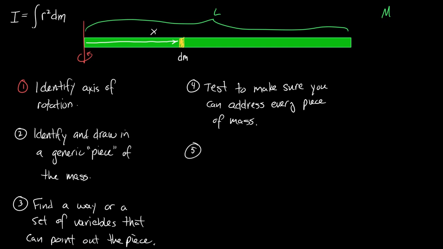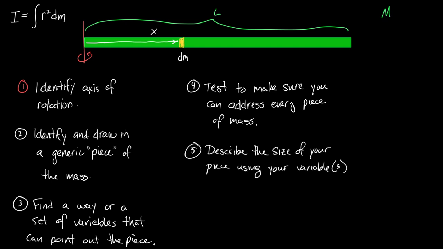Now, question 5, a little bit weird, but it's okay. Describe the size of your piece using your variables. So, for example, if I want to describe how big this piece is, well, I go out a distance x, and my piece is a little bit more in the x direction.